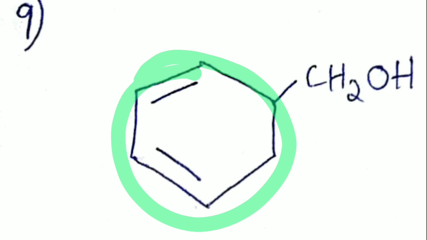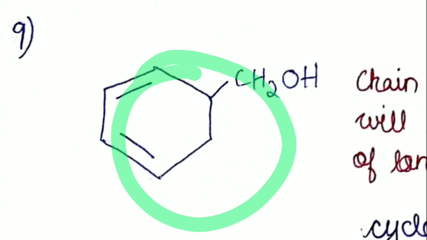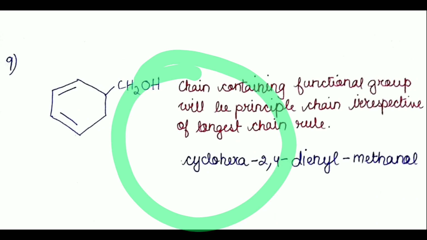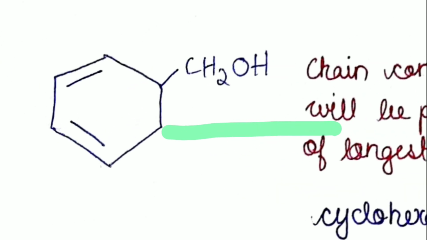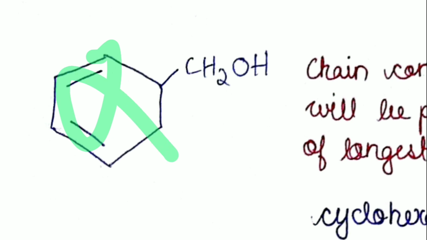But that is not so, guys. The chain containing the functional group will only be the principal carbon chain, irrespective of the longest chain rule. That's what we learned from this example, guys. That even if this only consists of one carbon atom, even then we will take this as our principal chain and not this.